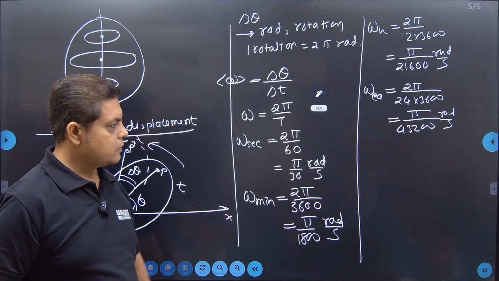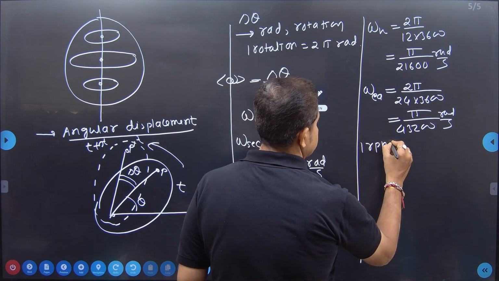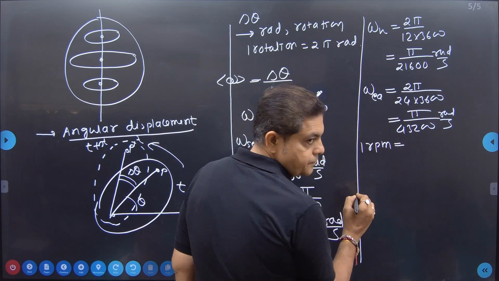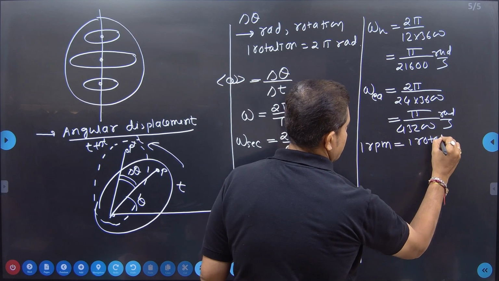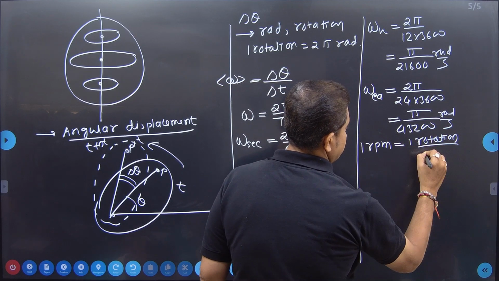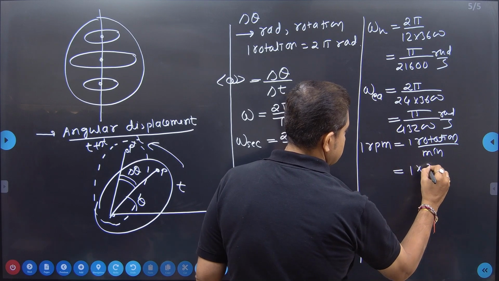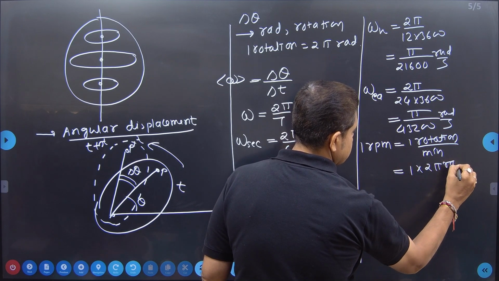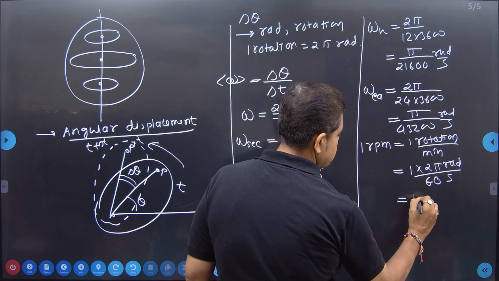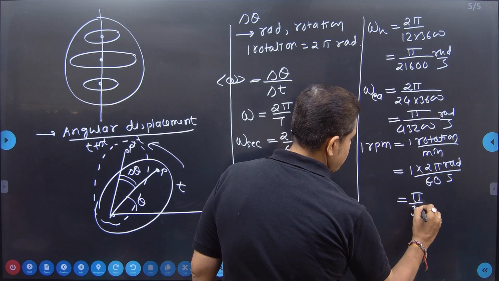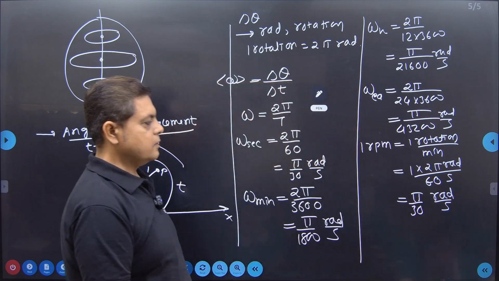So 1 RPM is 1 rotation per minute. One rotation is 2 pi radian and 1 minute is 60 seconds. So it is pi by 30 radian per second.